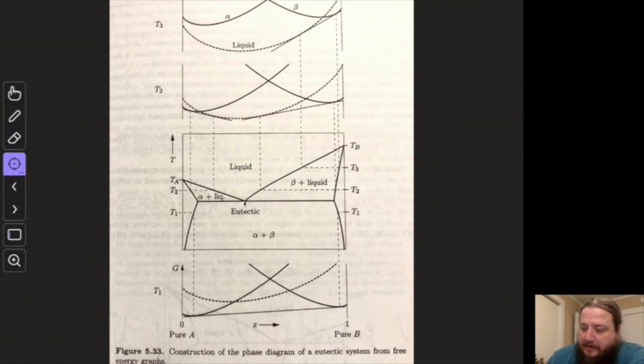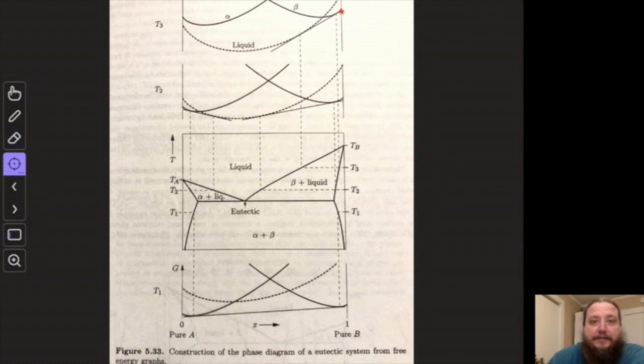And what you'll see is that there is this region here, again, where that tangent line intersects the liquid on one side and the solid phase on the other. Way over here at the edge, we will form solid beta.